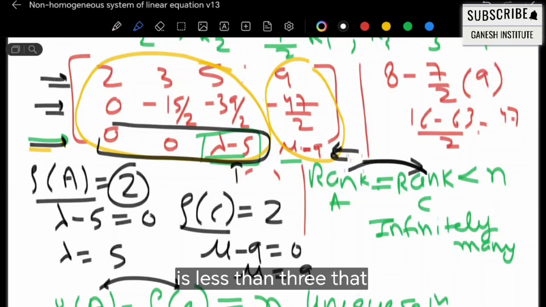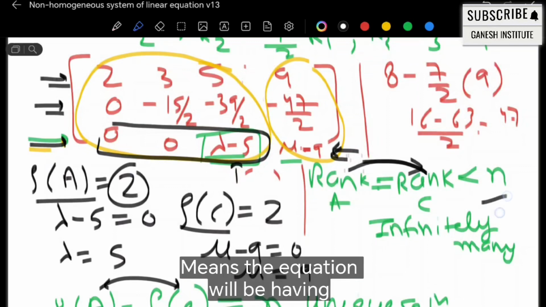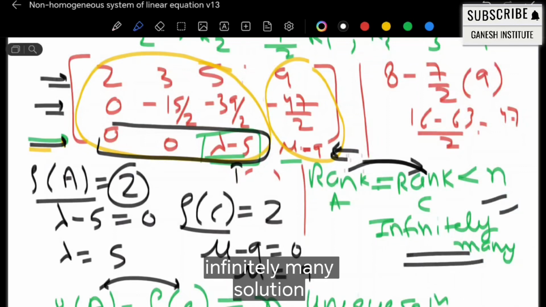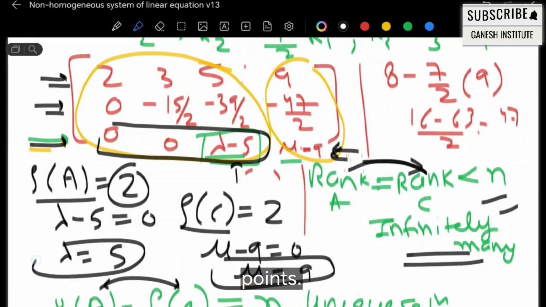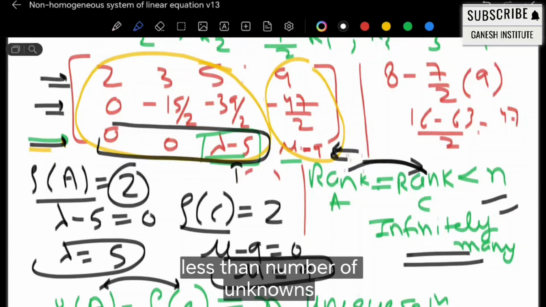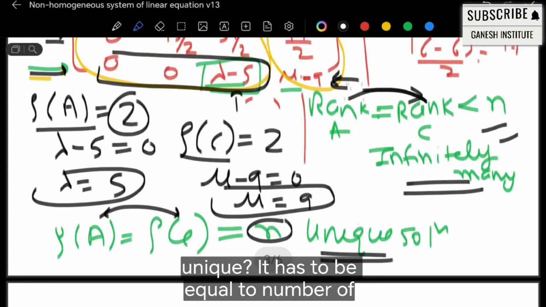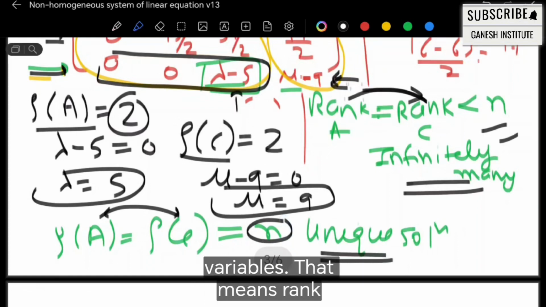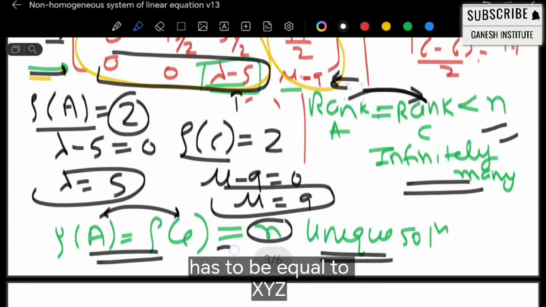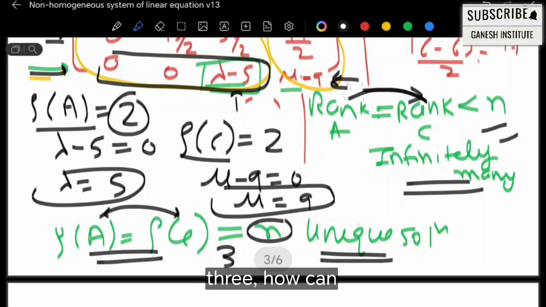If rank is less than 3, that means the equation will be having infinitely many solutions at these 2 points. Correct? Less than number of unknowns. Infinitely many. What about the next one? To make it unique, it has to be equal to number of variables. That means rank has to be equal to x, y, z, 3.